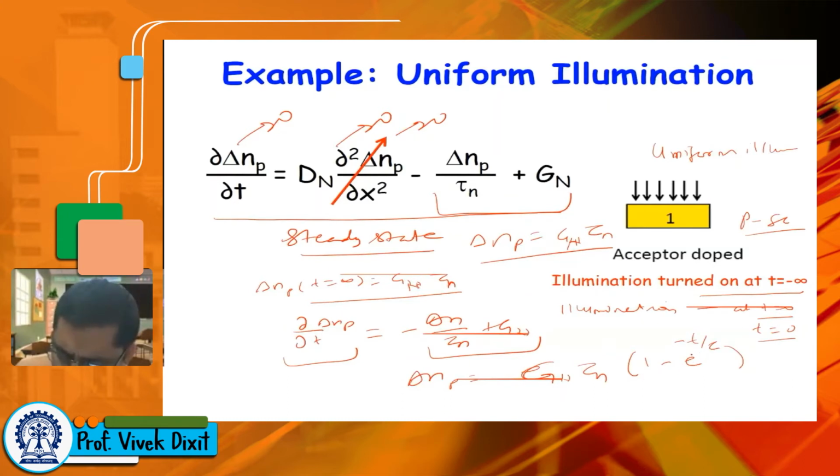At t equal to infinity, the exponential becomes 0 and this becomes 1, right? So something like this expression you will get. Is it okay? So delta n at t equal to infinity is gn tau. At t equal to 0 it is turned on, so delta n is 0, right?